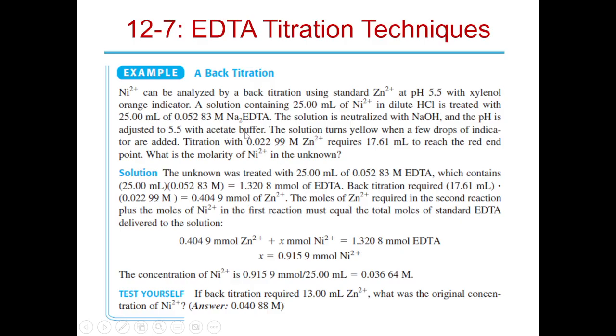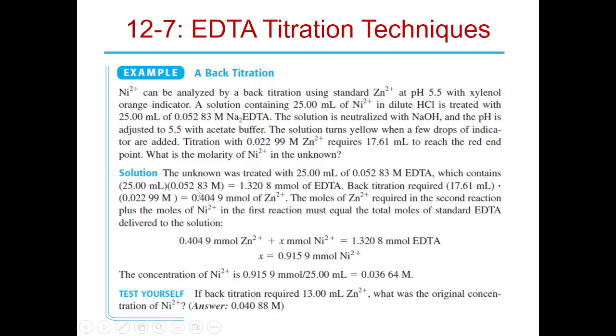So what you're just going to do is use up your EDTA first with your zinc, and whatever EDTA is remaining, that's where you have to do your math. So your unknown was treated with 25 milliliters of this EDTA. You calculate the number of moles, or millimoles in this case, which will be easier to work with, of EDTA.